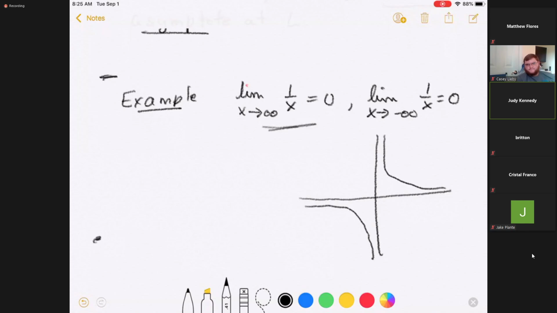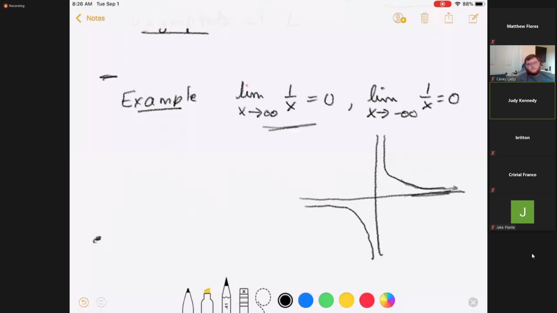If you take x really large, say x equal to 1,000, 1 over 1,000 is small and positive. If I take x equal to 1,000,000, 1 over 1,000,000 is even smaller, even closer to 0. So that's why we get this horizontal asymptote, y equal to 0, in the positive direction.